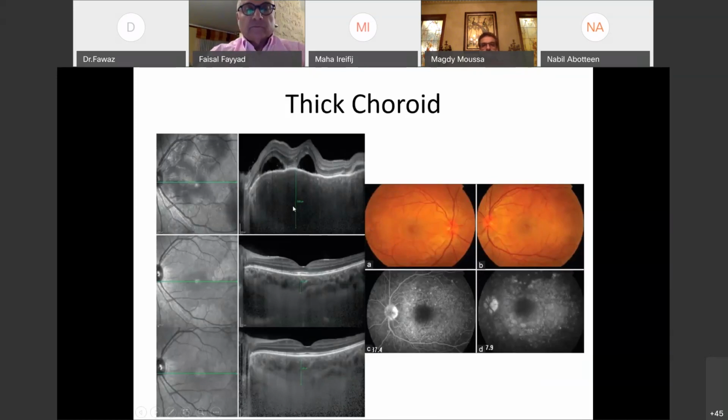And if you look at the slide below, we can see the choroid return back to normal thickness after the treatment of the patient. But if you look at the last slide below, the patient got a recurrence of the choroiditis again.